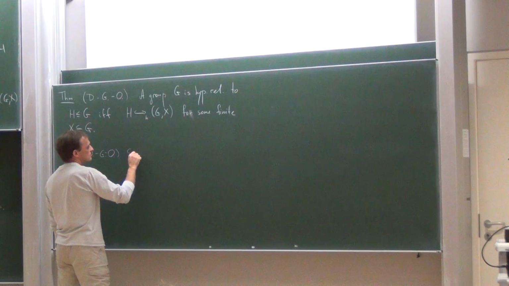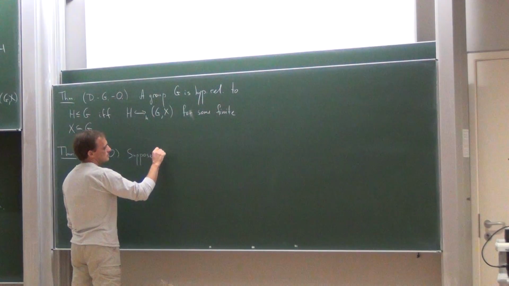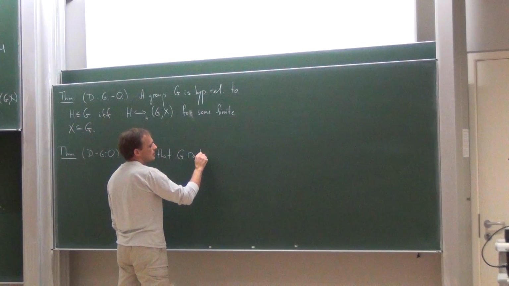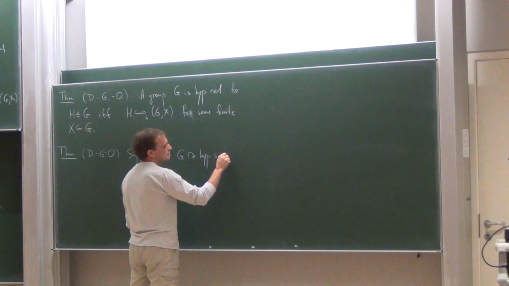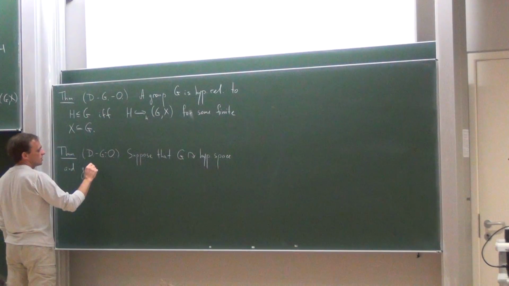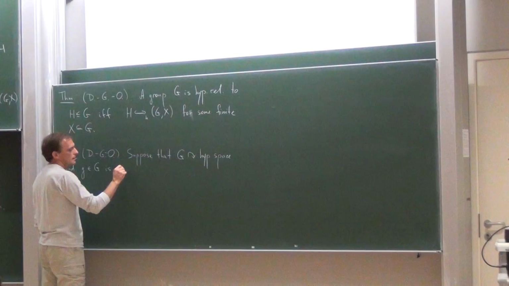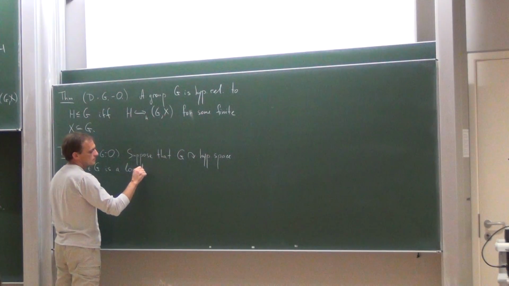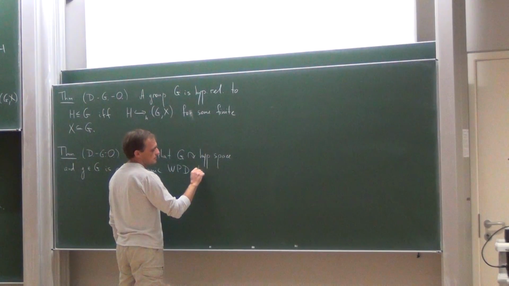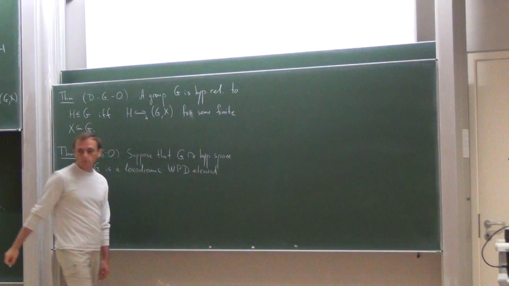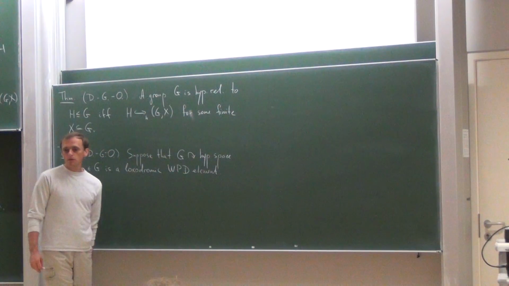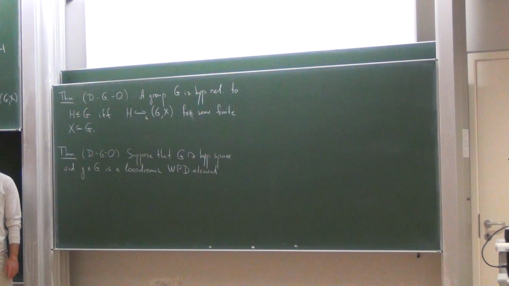Suppose that a group G acts on a hyperbolic space, and g in G is a loxodromic WPD element. I hope you still remember the definition of the WPD property from the first lecture. If you don't, well, if the action is acylindrical, every loxodromic element is WPD, right?